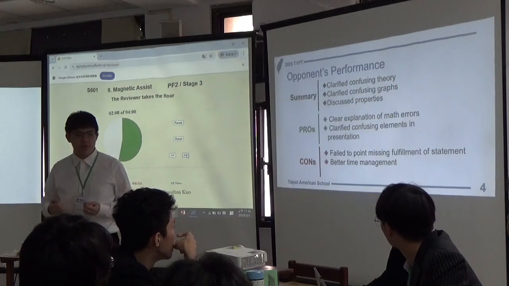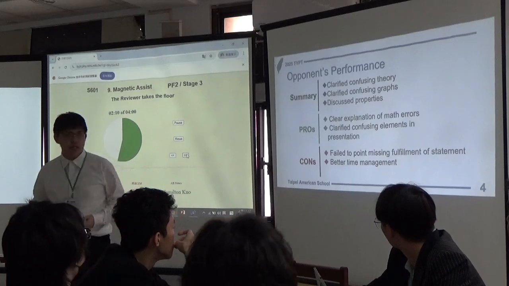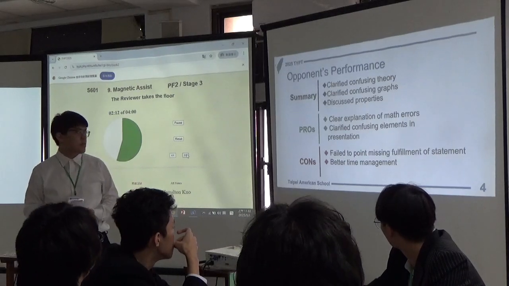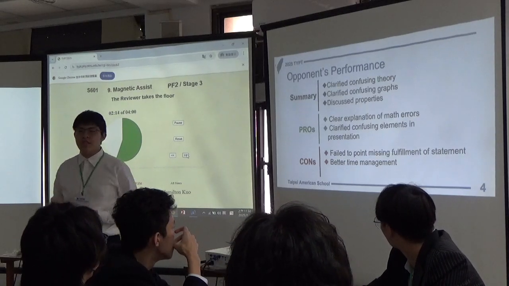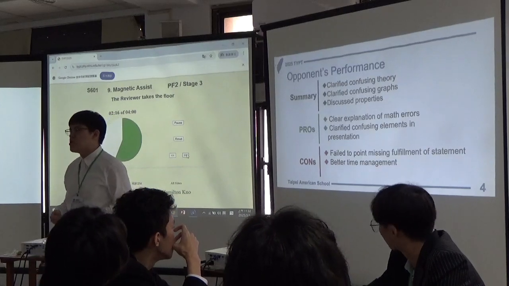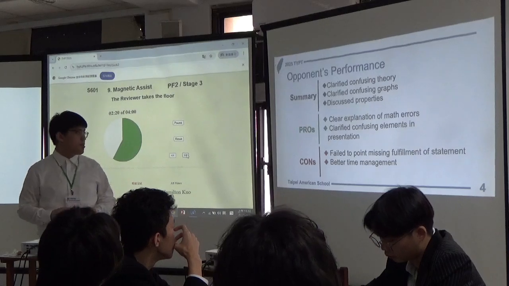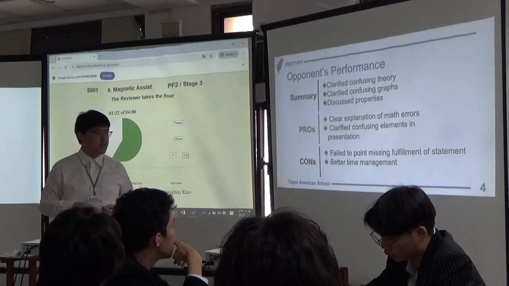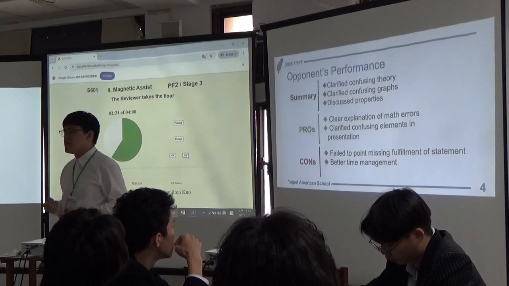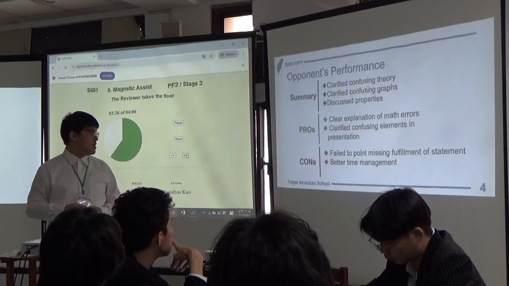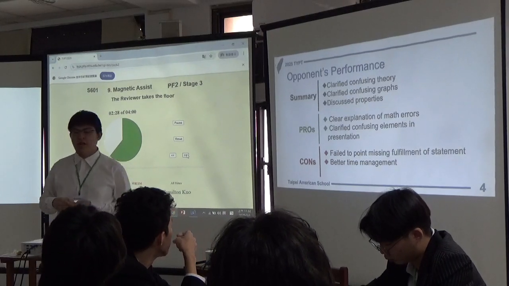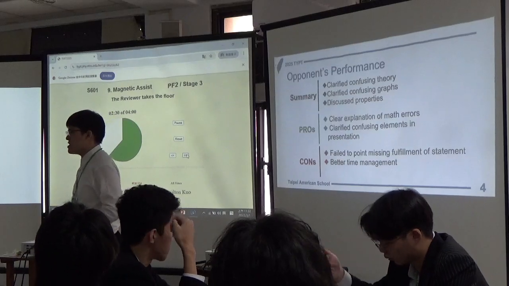During the discussion between the opponent and the reporter, they primarily tried to clarify some confusing theories and graphs, and discussed how certain properties like chaos are measured, analyzed, and defined. I think the opponent did a good job of explaining the math errors and the mistakes that the reporter made, and of pointing out the confusing elements in the presentation.